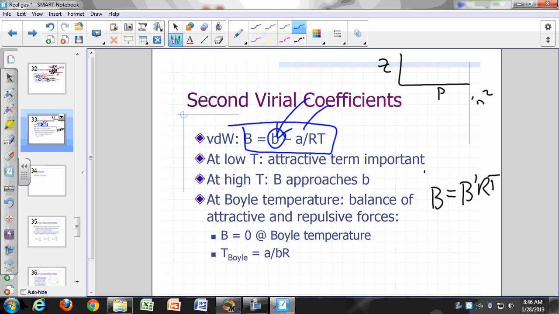It accounts for the size of the molecules, right? So it accounts for the fact that molecules can only get so close before repulsion starts to predominate over the attractive forces, and you can only get those molecules so close before they start repelling. And what does the van der Waals parameter a account for?